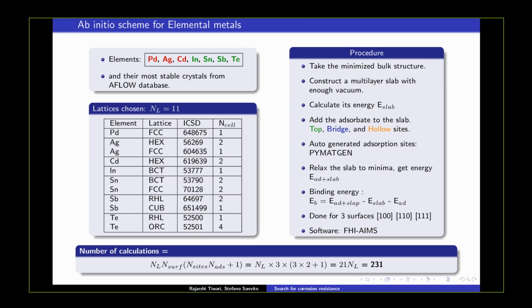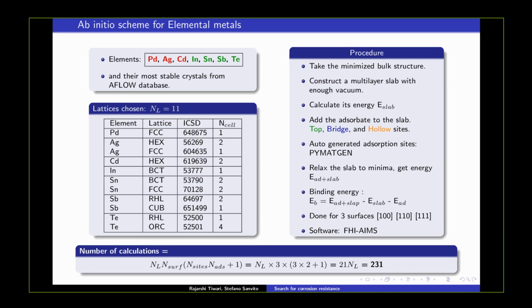Here, I will just show some ab initio calculations, where we already had done this calculation for 4D transition metals, and we extended this to post-transition metals. We didn't have much of this data ourselves, so it was useful to calculate elemental and, at a later stage, binary estimates.